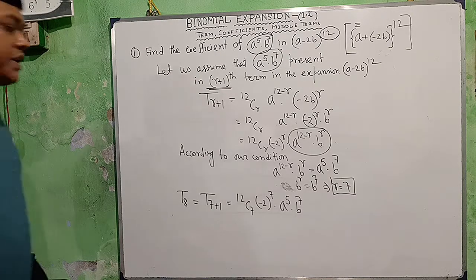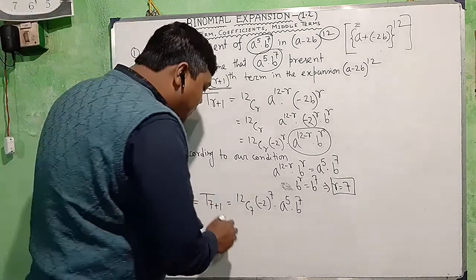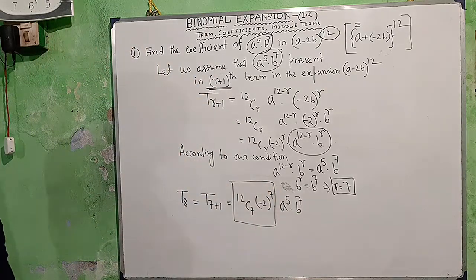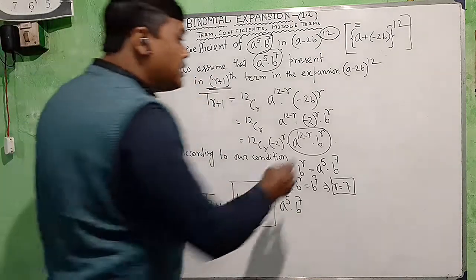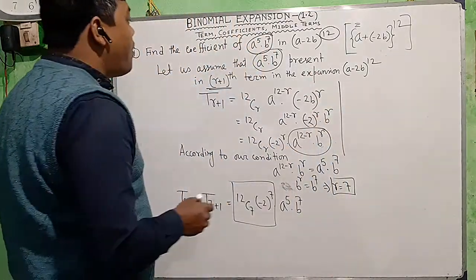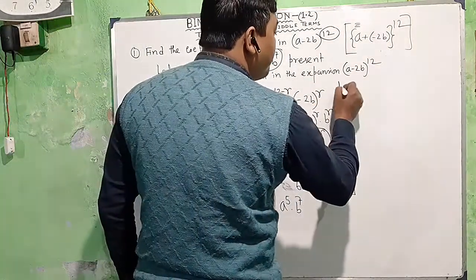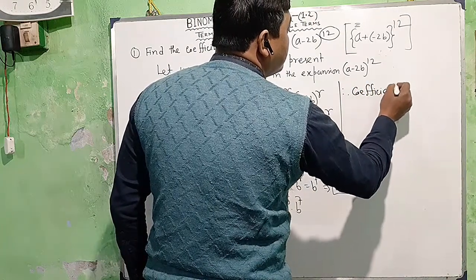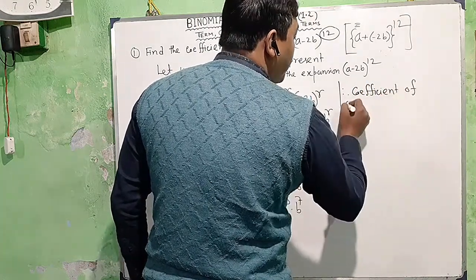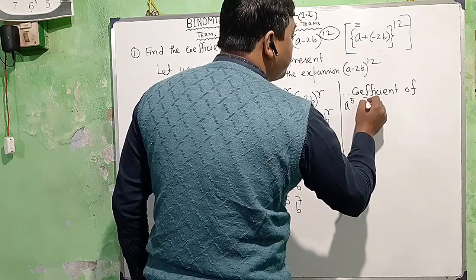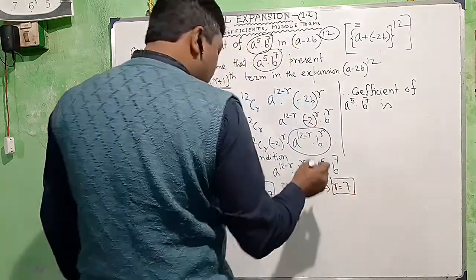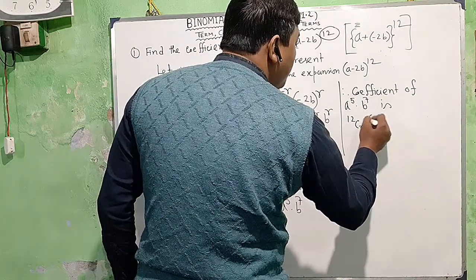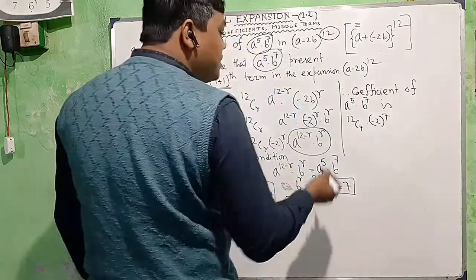So I have to determine here only the coefficient. So the coefficient is 12C7 minus 2 to the power 7. Then I write down the answer: therefore the coefficient of a to the power 5 into b to the power 7 is 12C7 into minus 2 whole to the power 7. After some calculation, you will get the result.